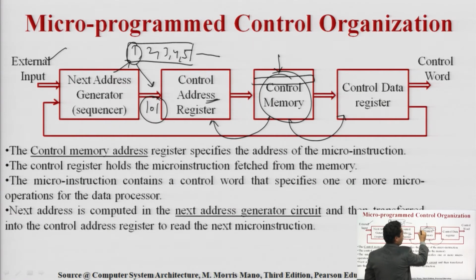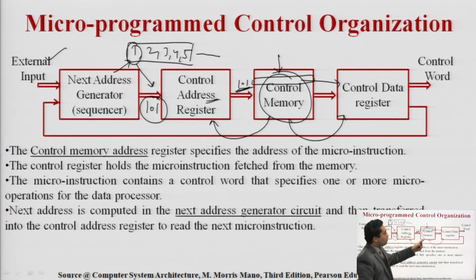Here on 101 the micro instruction is written, and this data is going forward to the control data register, and this data is now converted to the control word, and this control word is going to execute further. So this is a process, this is a hierarchy, of how the data flows from this input and goes back to the execution part.